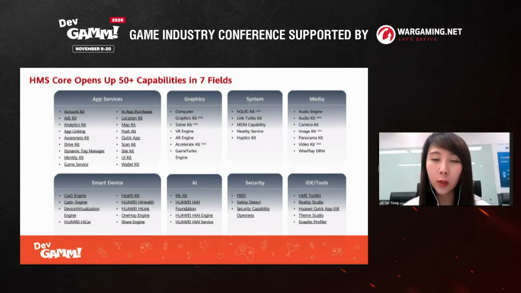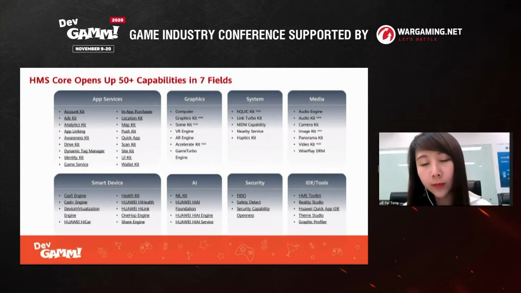These 7 domains include app services, which are quite popular capabilities that developers always require, such as IAP and advertisement. Second, graphics. It is specially designed for apps, especially games, which require high graphics performance. System is for network acceleration and system performance improvement. In the media domain, we have video, audio, and other relevant media capabilities, such as digital rights management.